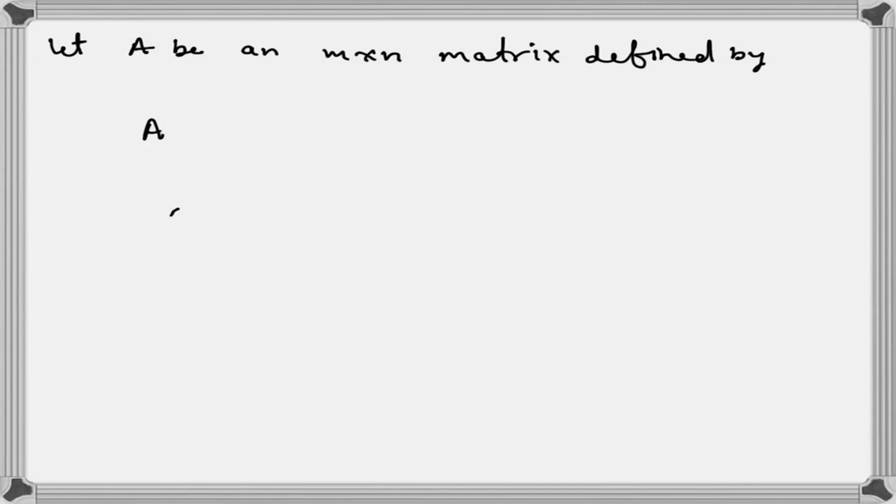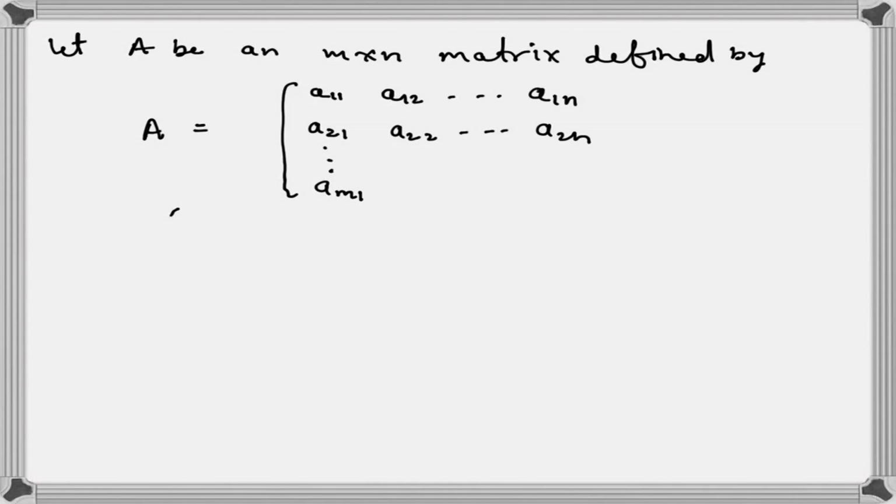Let A be an m cross n matrix defined by A equals a11, a12, a1n, a21, a22, a2n, am1, am2, amn.